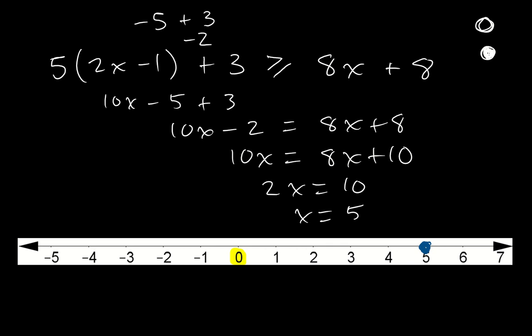So I've got negative 2 on this side. On the other side, if I put 0 in for x, I get the number 8. So here's my question. Is negative 2 greater than or equal to 8? Is negative 2 bigger than 8? No, negative 2 is not bigger than or equal to 8.